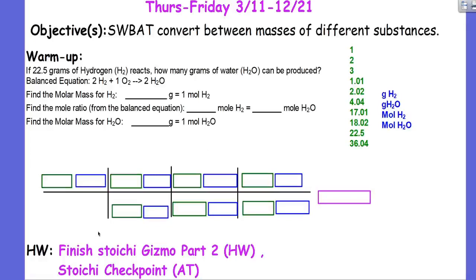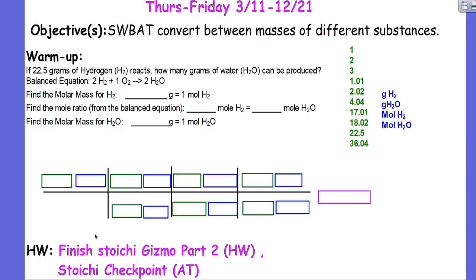Okay, so the question starts, if 22.5 grams of hydrogen, H2, reacts, how many grams of water, H2O, can be produced? The balanced equation is 2H2 plus 1O2 yields 2H2O. So the first thing we need to find is the molar mass of H2.